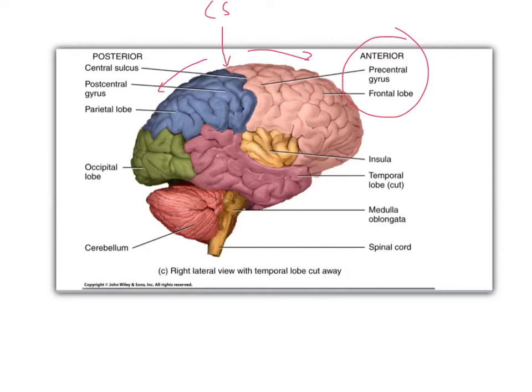The postcentral gyrus is going to be behind the central sulcus. It's going to be harder to see in this picture, but there will also be something called the lateral sulcus, and lateral just means sideways, so you're going to have a very big groove that's going to split the brain into a top and a bottom half.